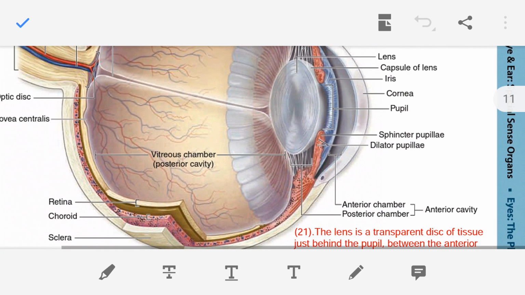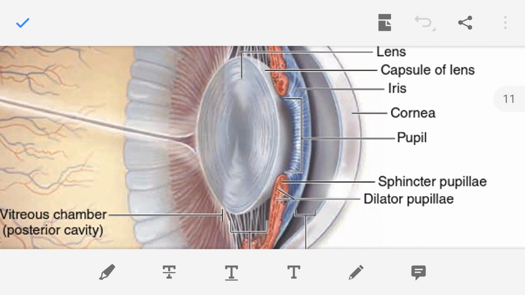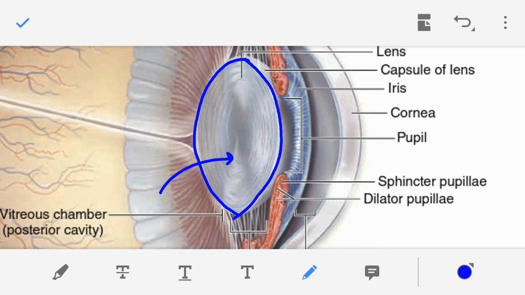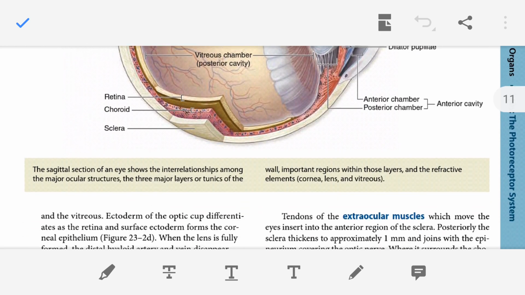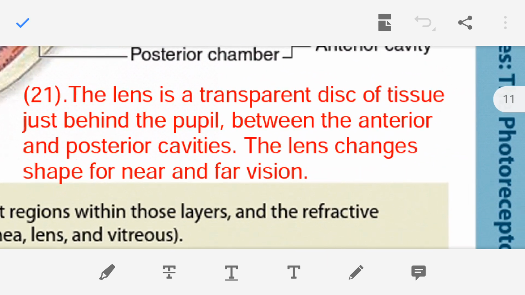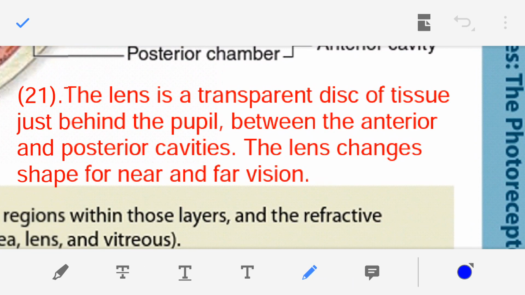Now we are discussing the lens. As you can see, the lens is biconvex. This surface is convex, this surface is convex. Both the surfaces, anterior and posterior, are convex, so our lens is biconvex.